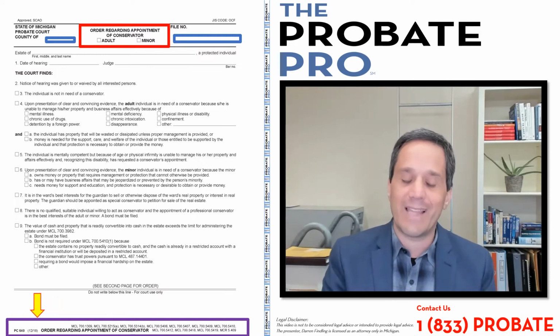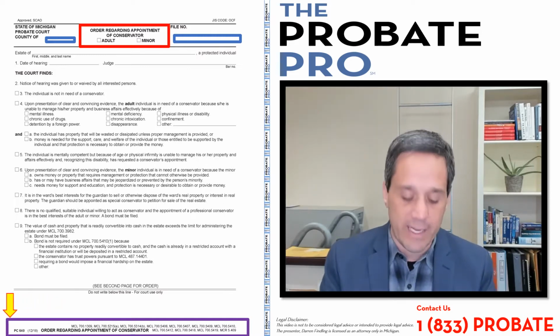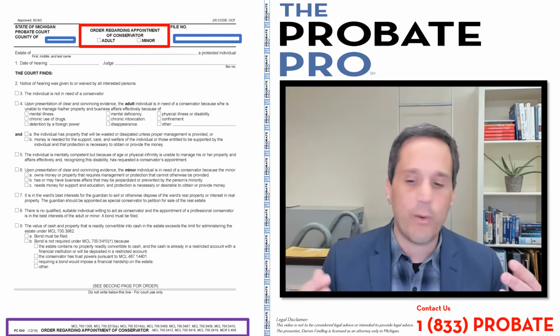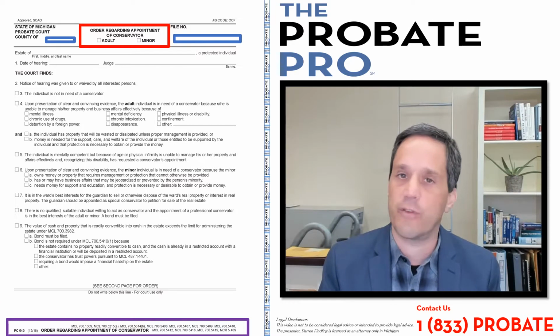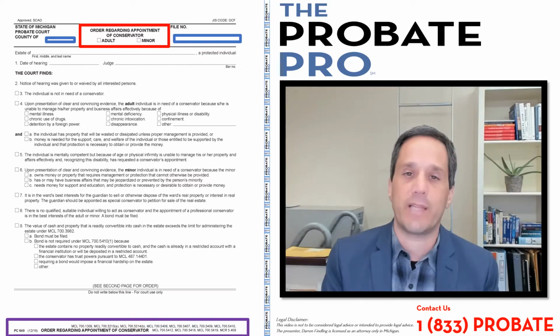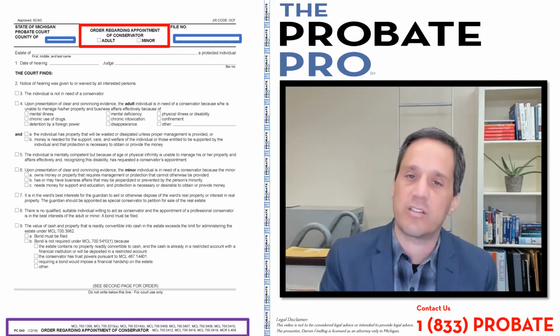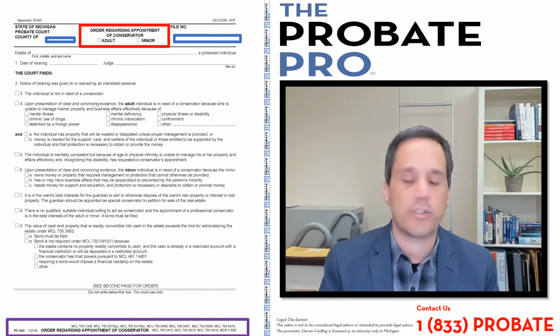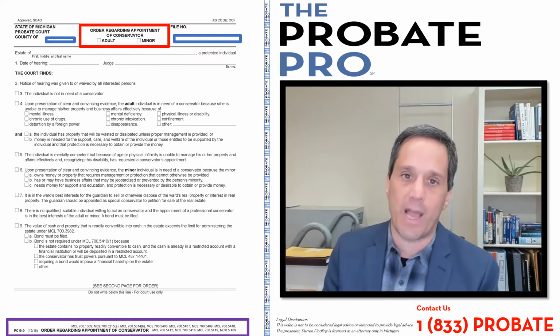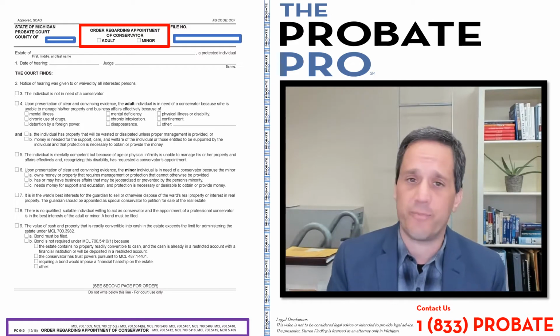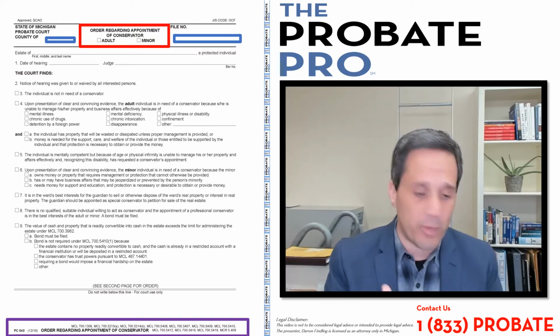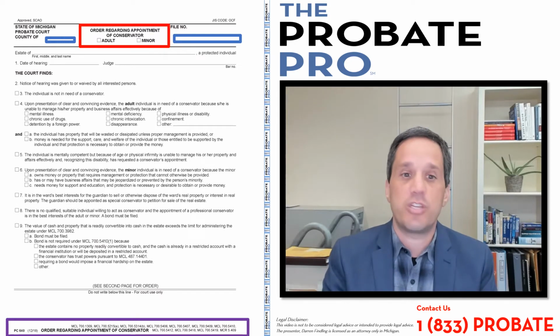So again, lots of different rules that relate here, and it's critical that before you go out and embark on a conservatorship petition or any probate-related issue, you're working with a skilled, competent probate lawyer who understands how to navigate through this process, because it's not intuitive. And there's no guidebook or rule book that you can simply go to that tells you how to do it.